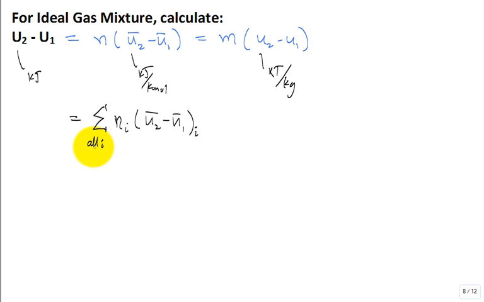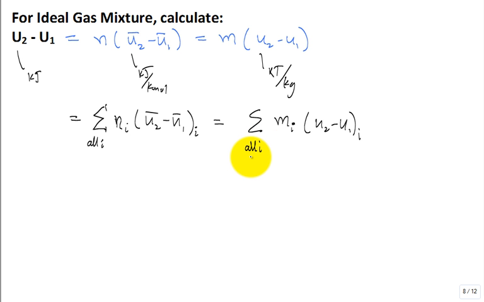Does that look reasonable? It's additive. Yes, you would do the same thing. If I had a mixture where I had just a solid put into a liquid bath, and I'm doing some change in internal energy calculation, same calculus. You would do the same thing. You would have the sum of the mass of that component times U2 minus U1 for that component, over all the I's.